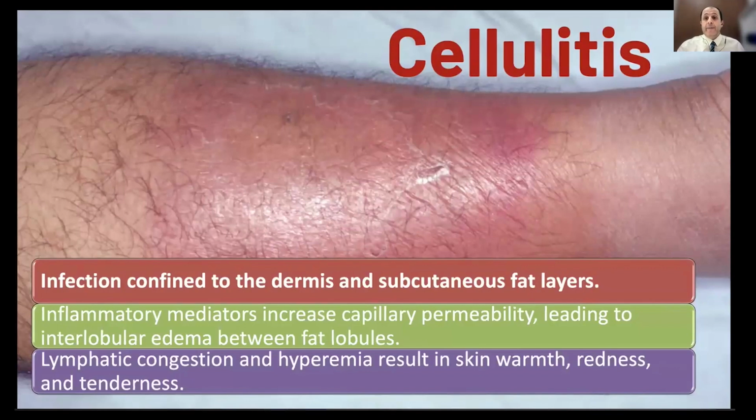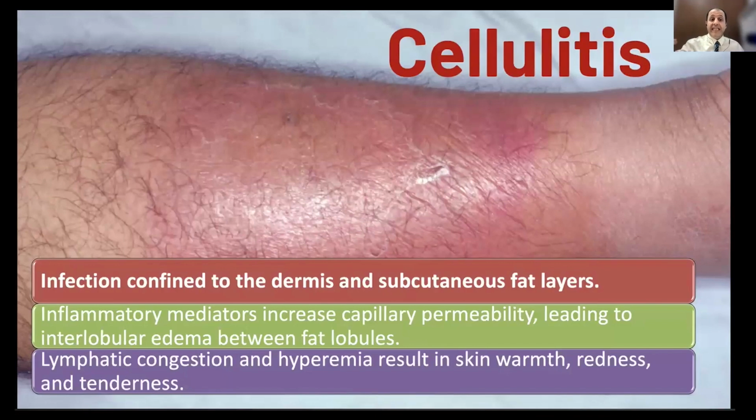We will start with cellulitis. Cellulitis is an infection that involves the dermis and subcutaneous fat layer. Because of inflammatory mediators, capillary permeability increases, leading to edema between fat lobules, lymphatic congestion, and hyperemia. This results in skin warmth, tenderness, and pain.